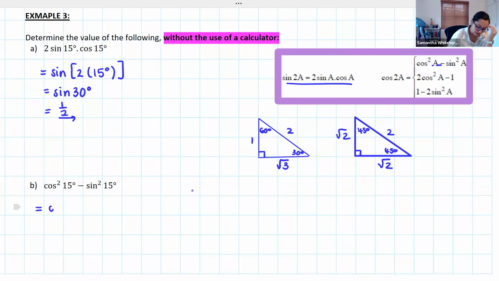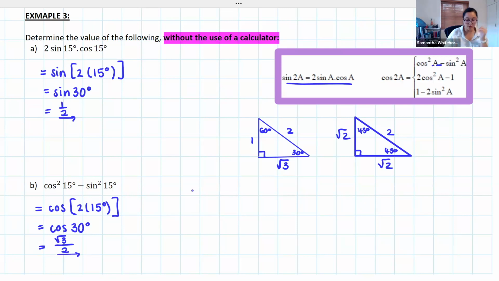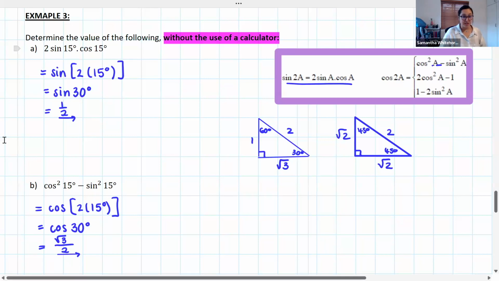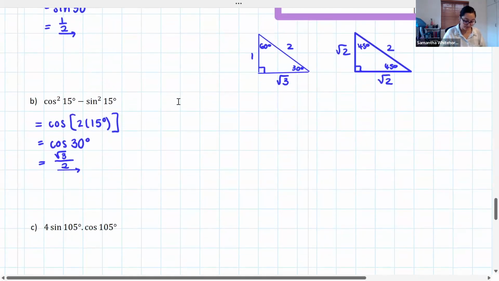So I've got cos of 2 times the original angle 15, and so I've got cos 30. Cos 30 is then root 3 over 2. So nowhere did I use a calculator. Obviously, if you don't know the ratios, use a calculator, as long as you're writing down all of your working out. Nothing tricky, nothing overcomplicated.